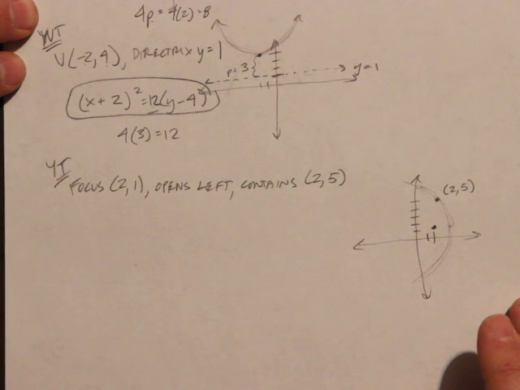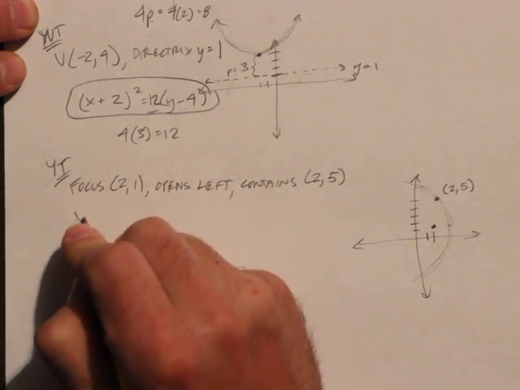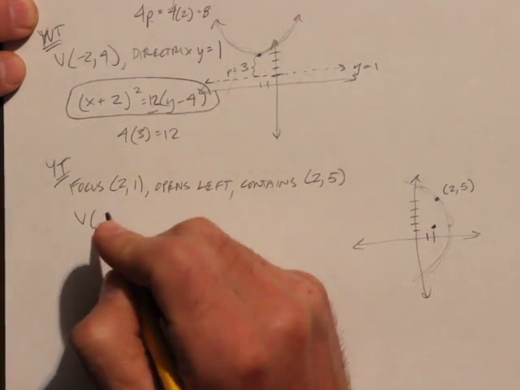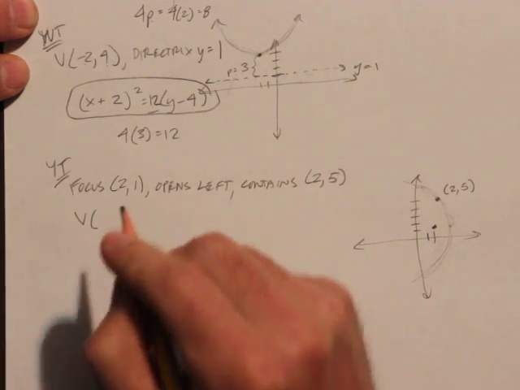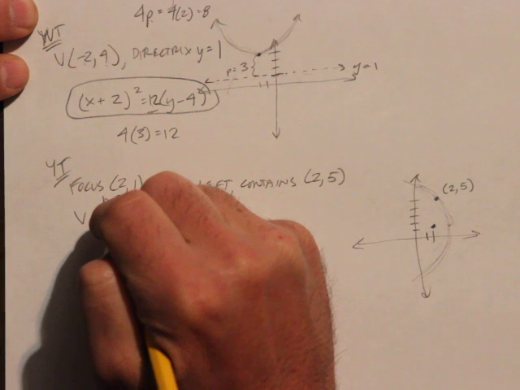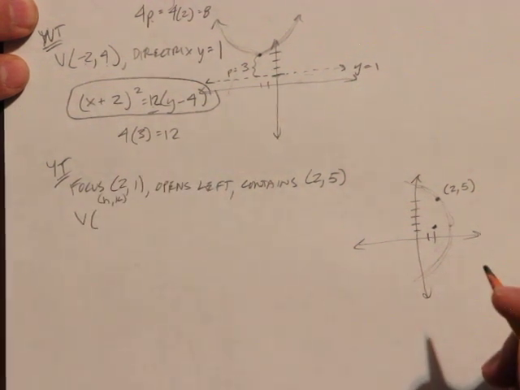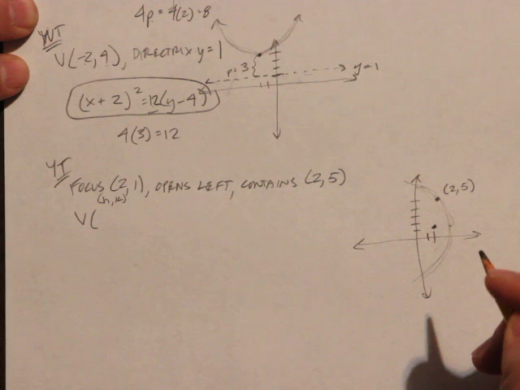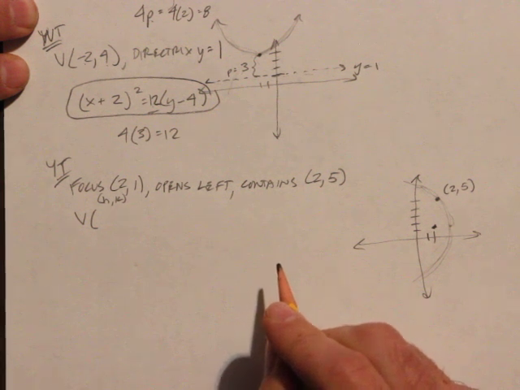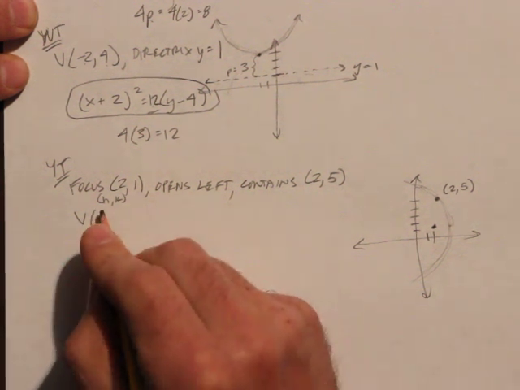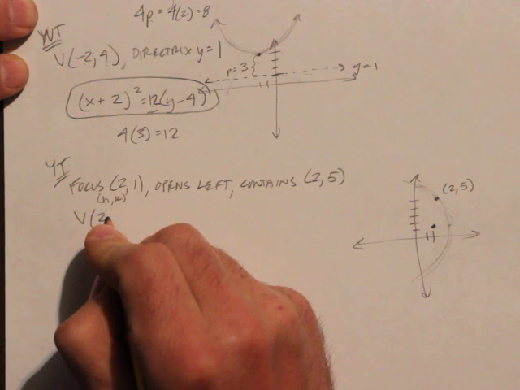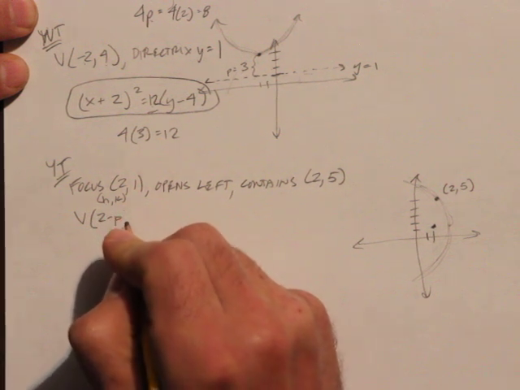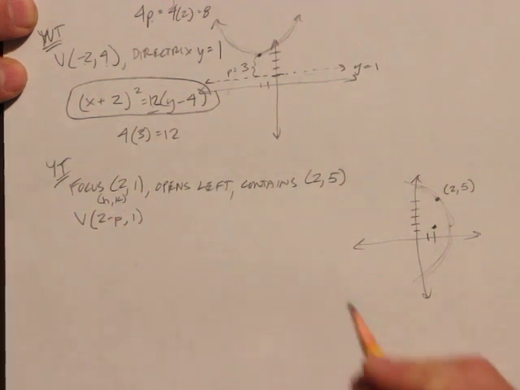So we're kind of in a bad spot a little bit. My vertex, though, remember the vertex, which is (h, k). So h is 2, my x value, minus p, and k is 1.